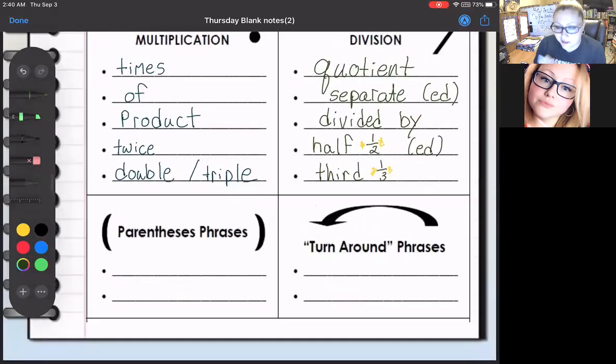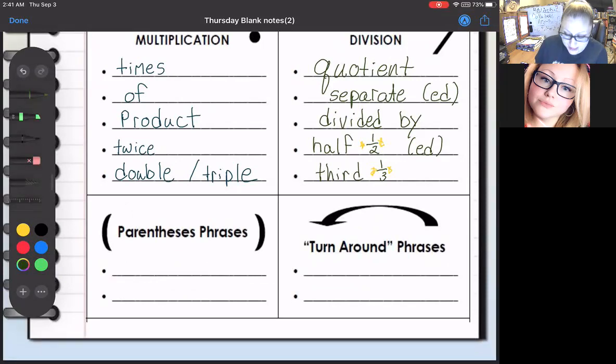Now, these are tricky, but we talked about them when we did our order of operations. We talked about parentheses. So now it's hard to think about when we would actually have to write parentheses for ourselves to understand that as a word or expression.